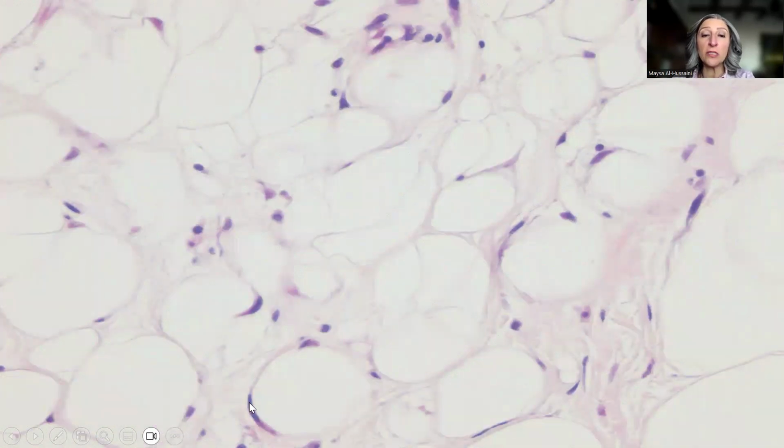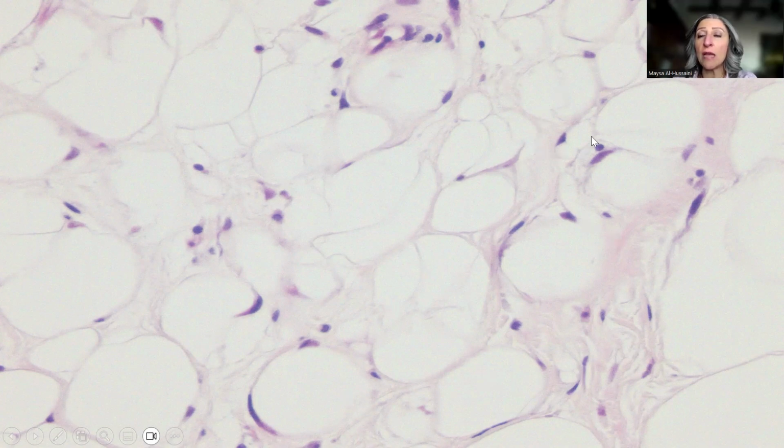This is another focus. Look at the hyperchromatic nucleus of the lipocyte here, and then this one, for example, a hyperchromatic nucleus that is seen in the stroma, in the spindle cell stroma in the background. And I think from this high power magnification, you can appreciate the tremendous variation in the size of the nuclei.